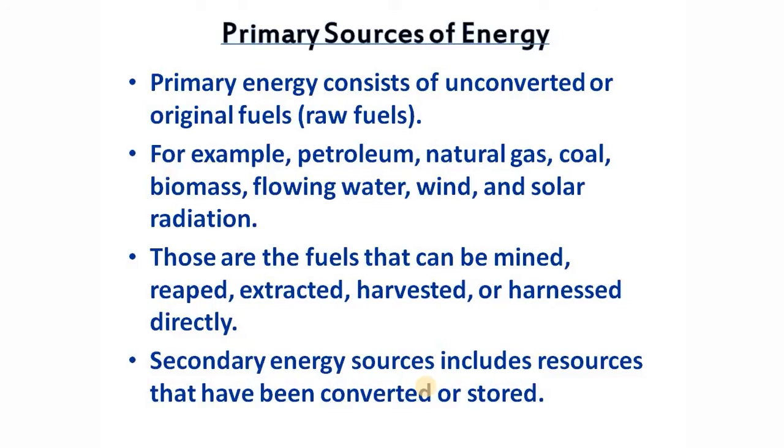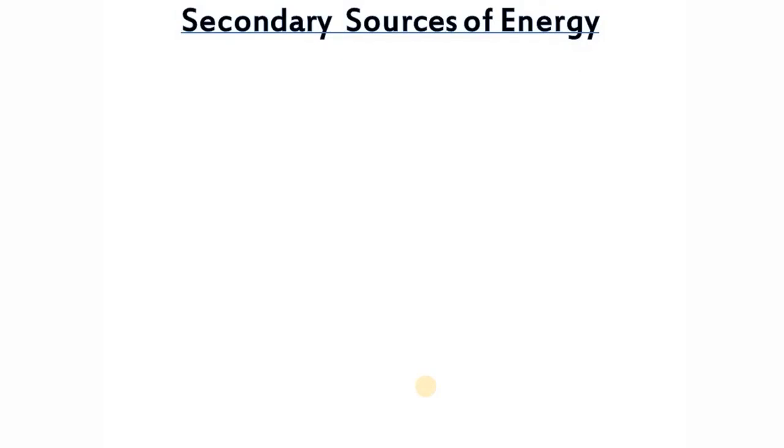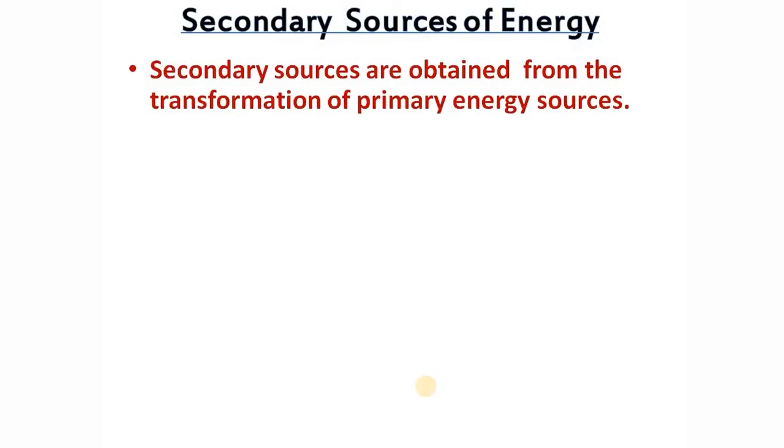Once some processing is done, we get some products. So those products are called secondary energy sources. So we say that secondary sources are obtained from the transformation of primary energy source. That is why it is called a secondary, something obtained from primary.